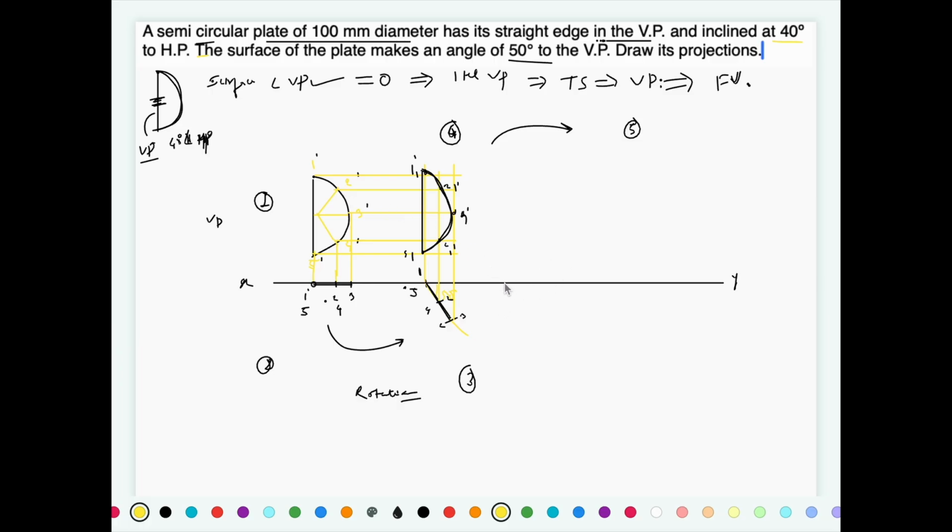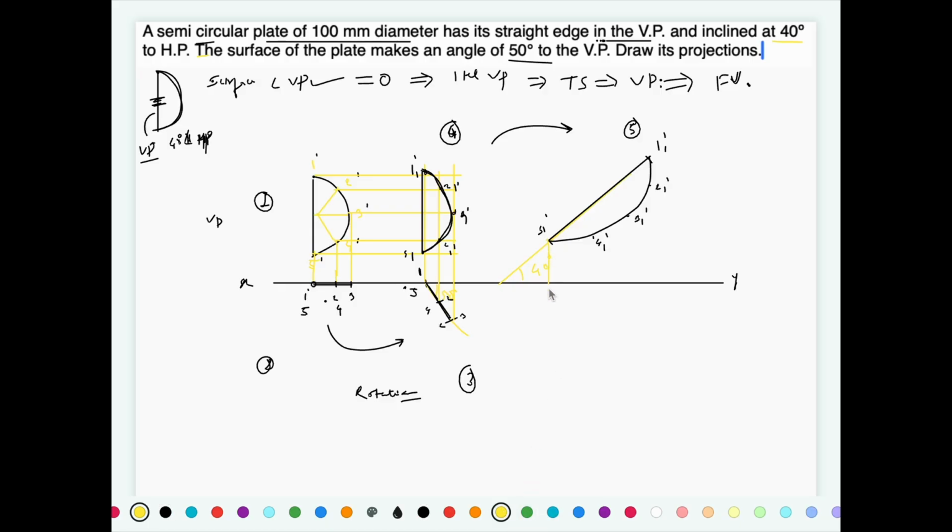So from here at some random distance draw this line which is inclined at 40 degrees, and on this line we need to locate this straight edge. So this is 1 dash, this is 5 dash. Similarly locate the other points by taking the distance of the interlinked points. So this is 2 dash, 3 dash and 4 dash.